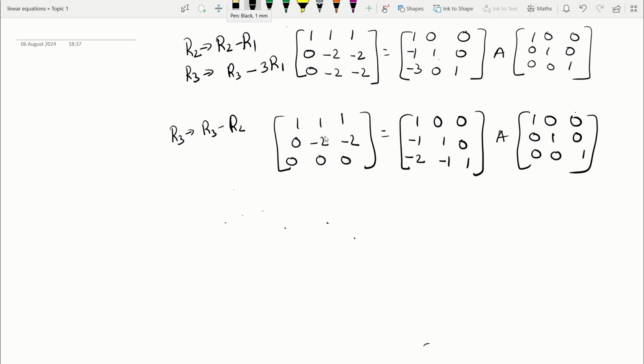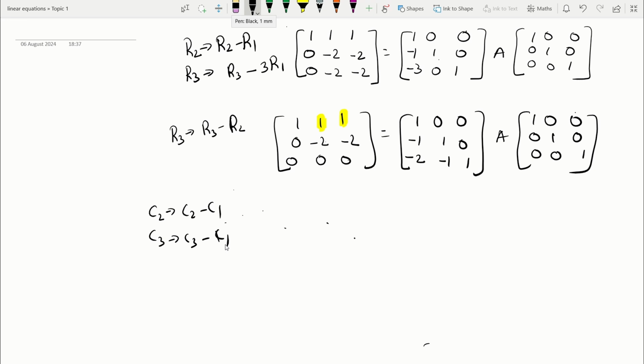Now see here: 2 rows are identical, so there is no need to identify anything. Now we'll make it 0. For that, R3 implies R3 minus R2. Then it becomes 1 1 1; 0 minus 2 minus 2; 0 0 0.